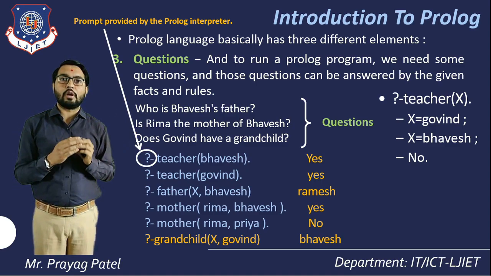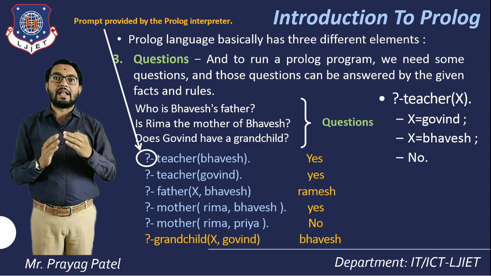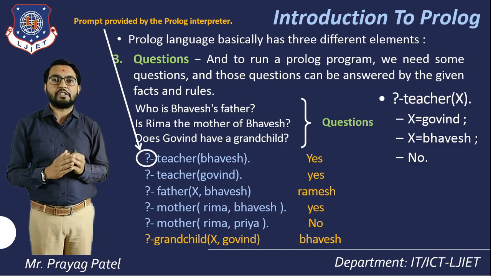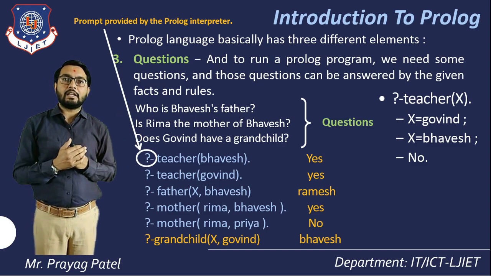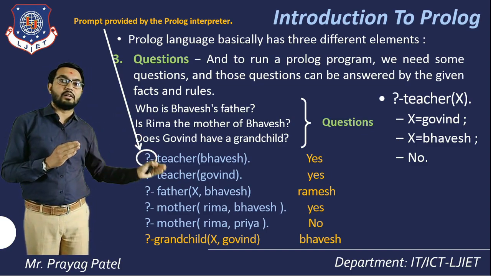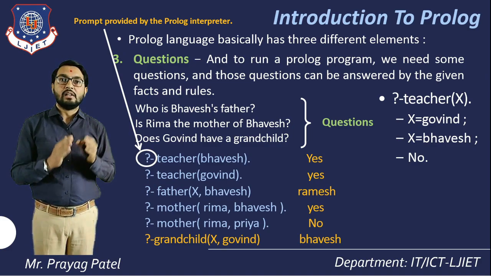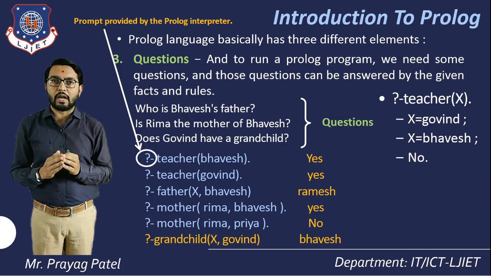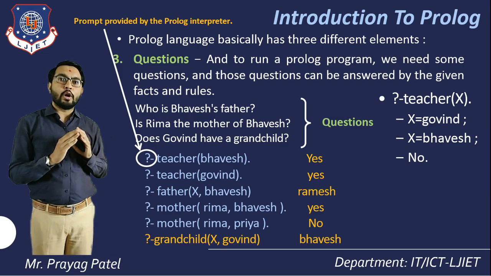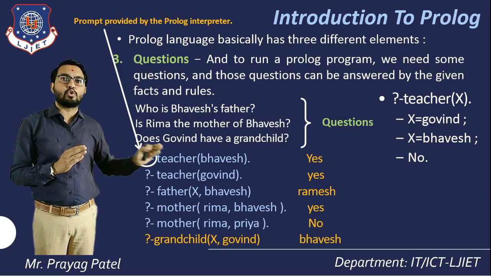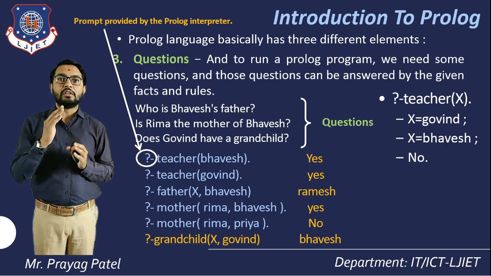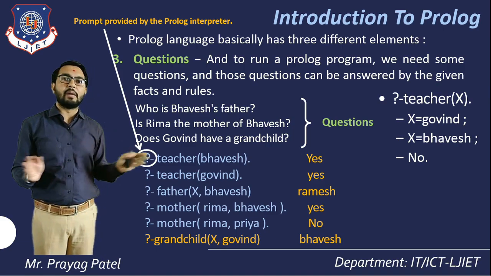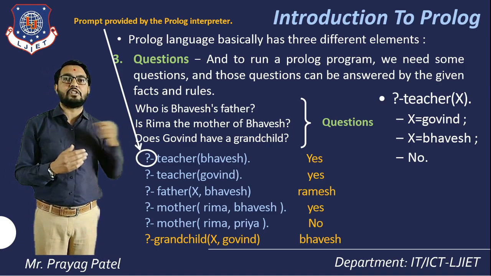If we write the semicolon and enter, then we find another answer, X equal to Bhavesh, because Bhavesh is also a teacher. Then write the semicolon and enter, then next answer is no, meaning only two persons are considered as a teacher according to your knowledge, Govind and Bhavesh. No any other person as a teacher. So last answer is no. These two, X equal to Govind and X equal to Bhavesh, are satisfied. Remaining, no any person as a teacher.